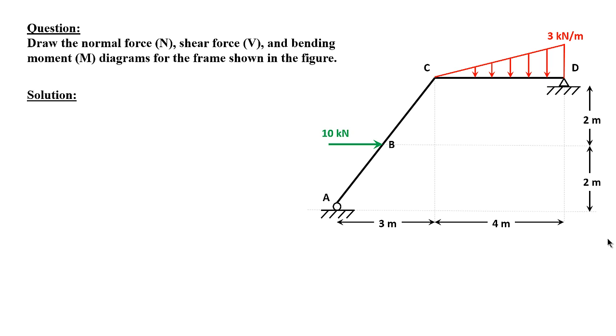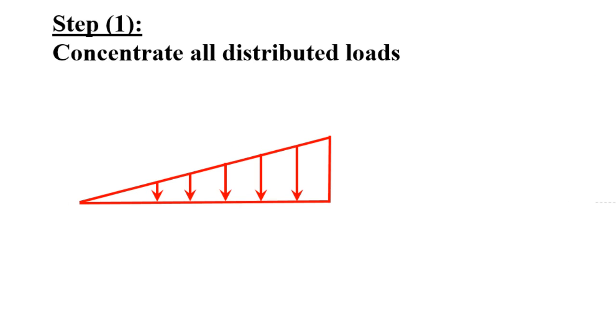The solution: step number 1, concentrate all distributed loads. Because we want to calculate the reactions, we need all the distributed loads to be concentrated. We only have one triangular distributed load at member CD, so we'll start with that.